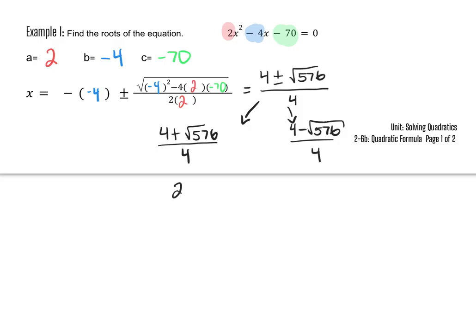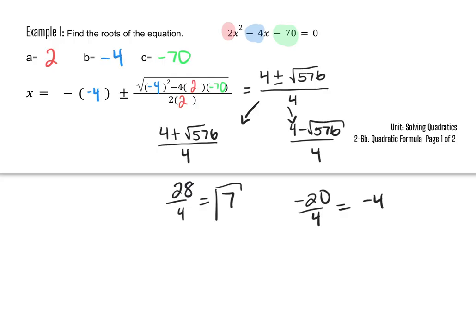I get 28 over 4, which can be simplified into 7. And then I'm going to get -20 over 4, which can be simplified into -4.